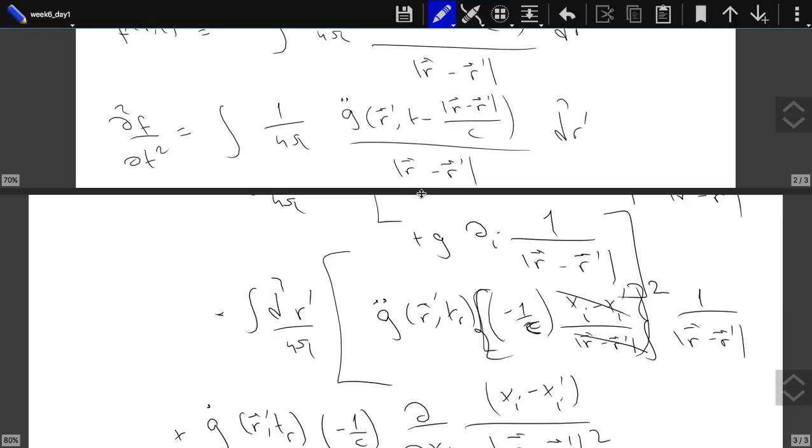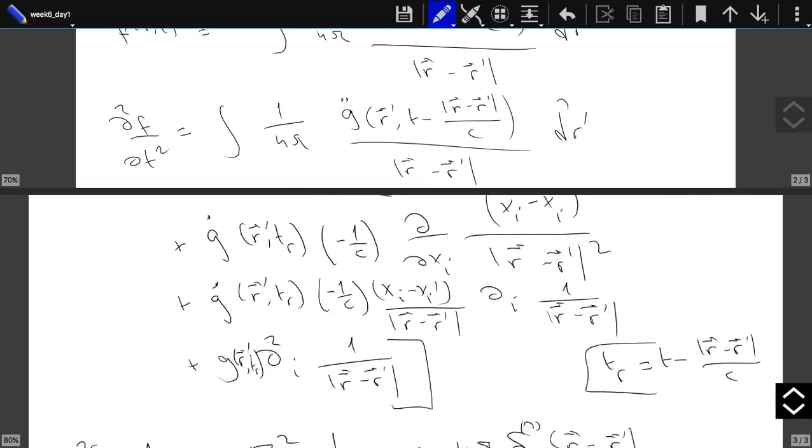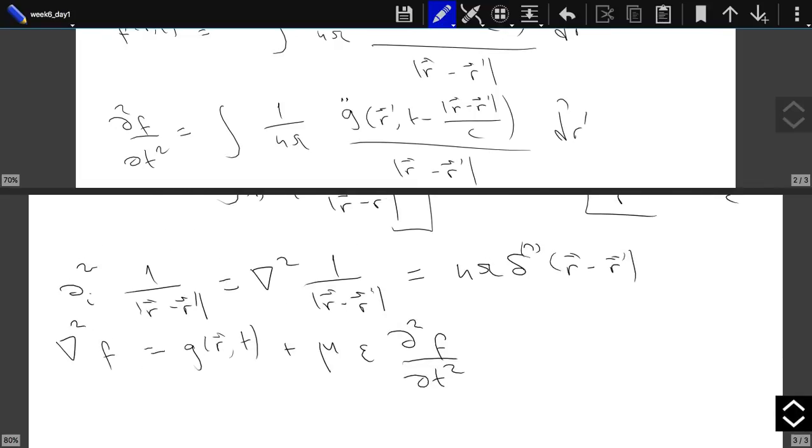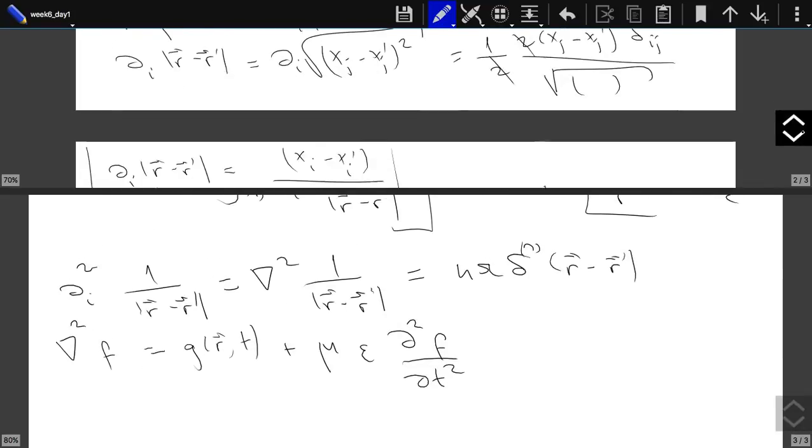What remains is d cubed r prime over 4 pi g double dot r prime at tr, retarded time, divided by r minus r prime. Look at the second derivative of f. So this first line is equal to the second time derivative of f, multiplied with 1 over c squared. And 1 over c squared is nothing but mu epsilon. Now, of course, I still have 2 more terms.